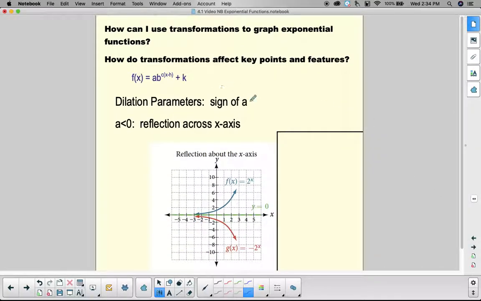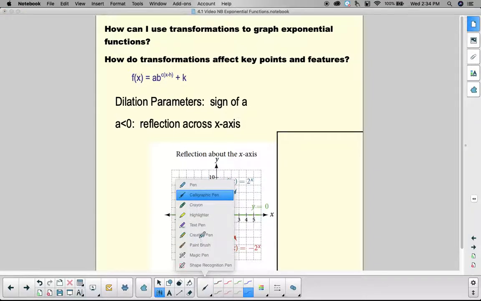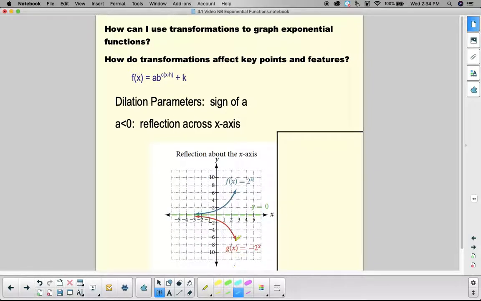Then we have the sign of a. Once again, we're working with a, the coefficient of the exponential term, multiplying that base. The sign of a indicates vertical reflection. If a is less than 0, then the function gets reflected vertically across the x-axis.